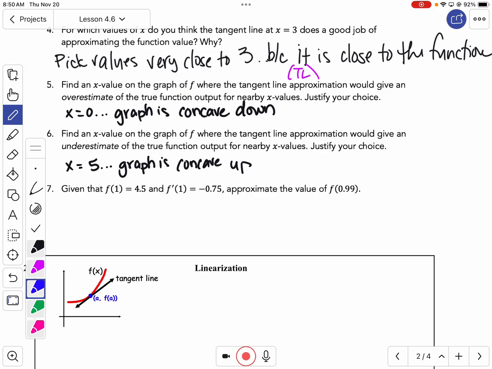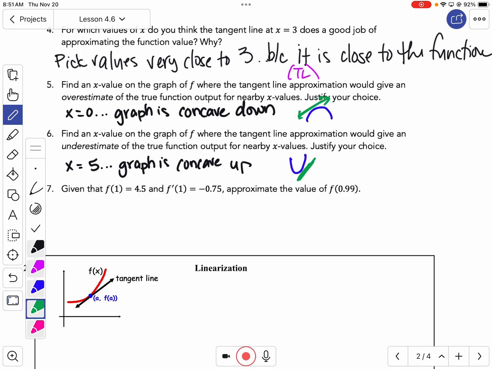So when we're concave down, the tangent line would be over, so it would be an over approximation. When we're concave up, the tangent line would be under the curve, so it's an under approximation. And that's literally what I do. I'll check the concavity, and then I think about what the line would look like. It's not necessarily something that I memorize.